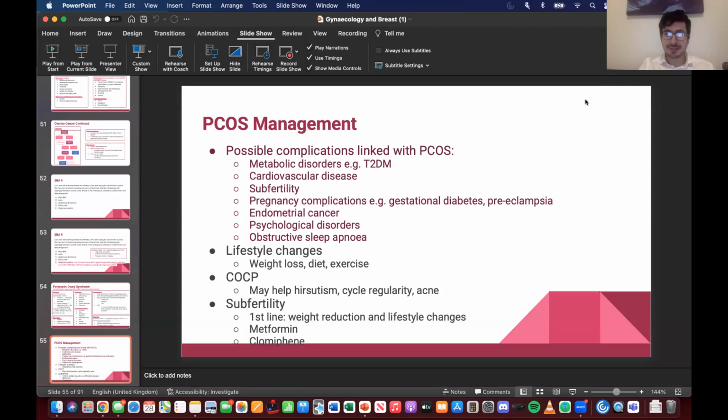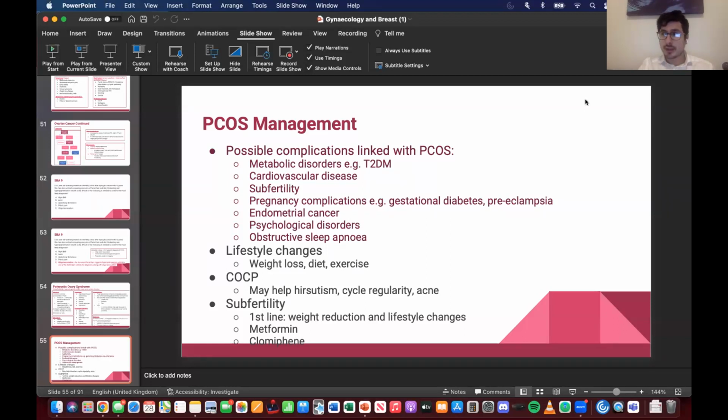But what do we recommend first? This is lifestyle changes: weight loss, improved diet, so a low glycemic index diet, just like you'd recommend in diabetes, and regular low intensity exercise. Otherwise, the combined pill can help with some of the androgen symptoms of the hirsutism, can regulate your cycles and reduce acne.